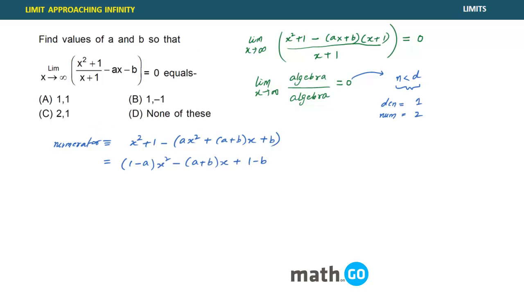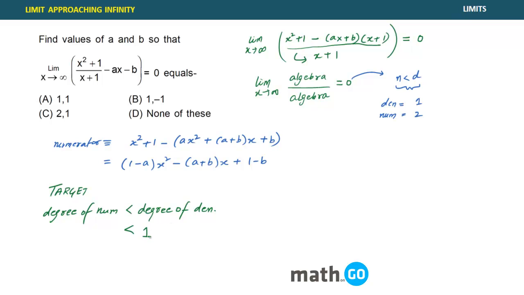Now what is our target? Our target is that the degree of the numerator should be less than the degree of the denominator. Then only we'll get an answer 0. So what is the degree of the denominator here? The degree of the denominator is fixed because it is a constant term in terms of the degree.